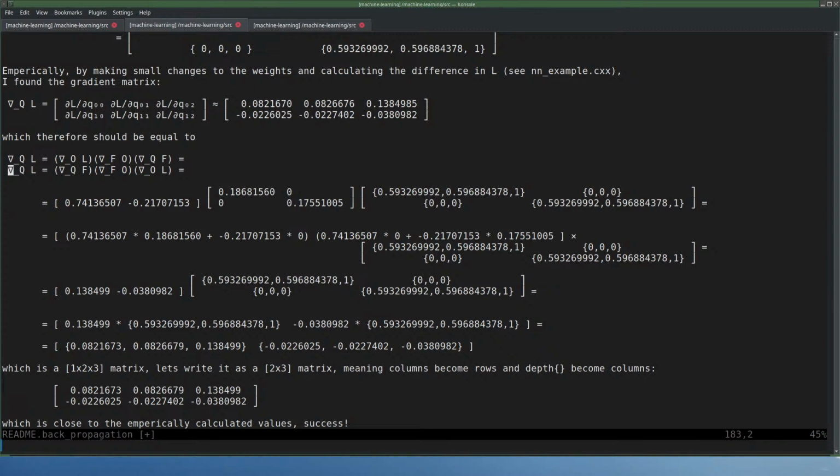So if you replace a gradient with partial derivatives, then this would become df slash dq, and here we would have do, I think.